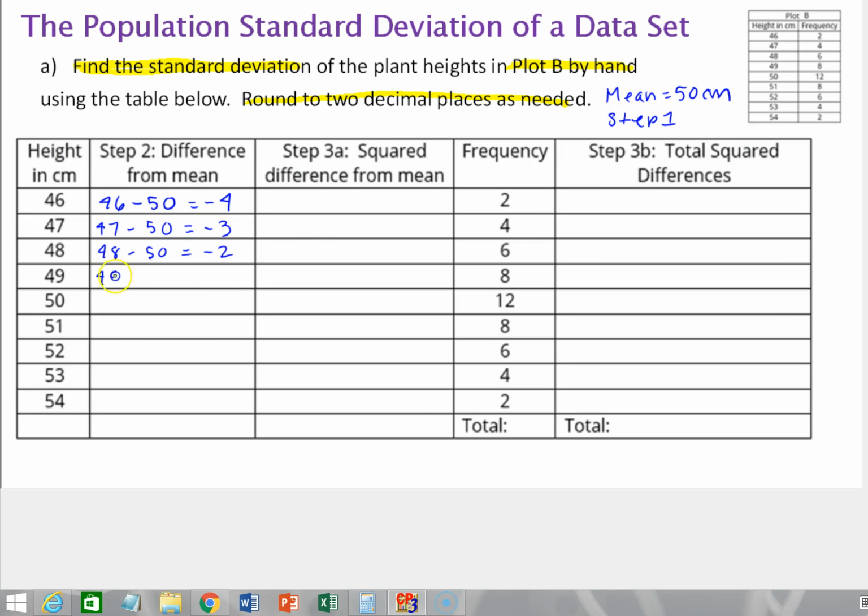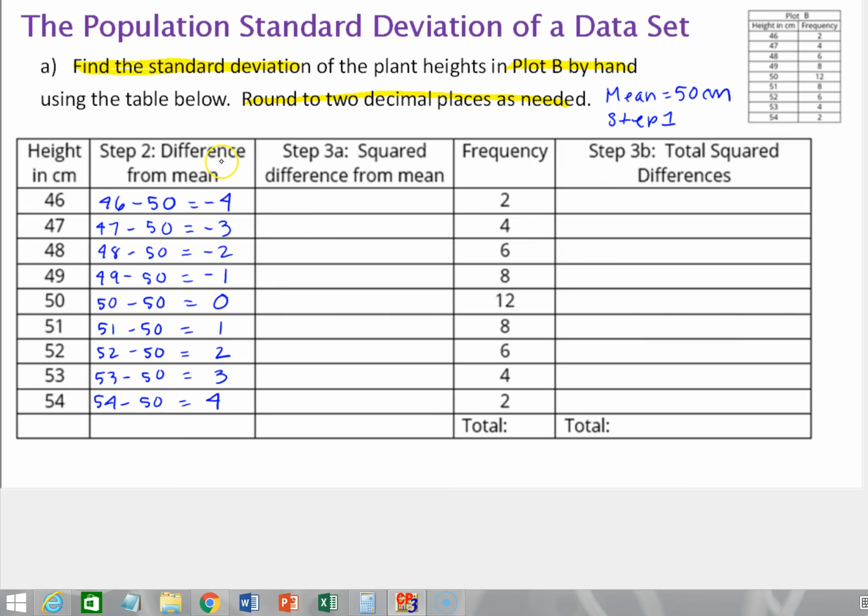So this is giving us a relative idea of where these data values are compared to the mean. So the mean itself is 0 centimeters away from the mean. And I filled in the rest of the column, so you didn't have to watch me do this. If you want to write this in your notebook, you can pause it for a minute.